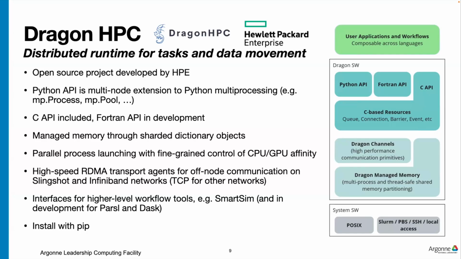This is accomplished by Dragon establishing a set of manager processes under the hood in their runtime that does high-speed transfer of the data from memory to memory across the network. It's a way of distributing data across a workflow without using the file system, which can in some cases be a bottleneck.